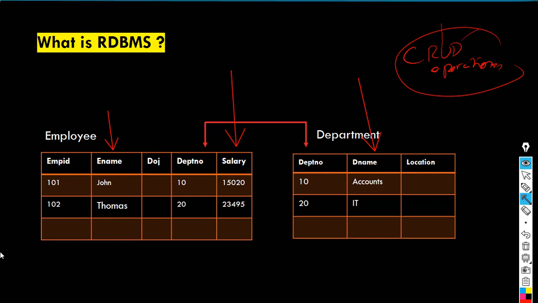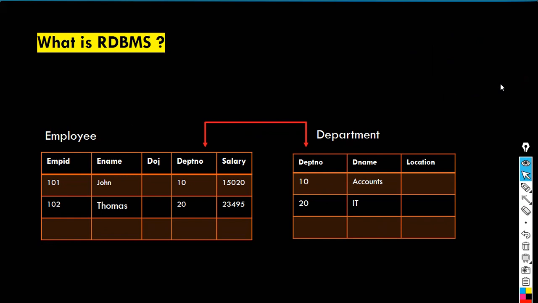To join these two tables, you need a common column between the tables. With the common columns only, you can create a relationship. Once you create the relationship, you should be able to join these two tables and retrieve the data from more than one table simultaneously. So this is called your relational database. You need to create the relationship between the tables based on the common column. Only then can you retrieve the data from more than one table. That is called your relational database management system.